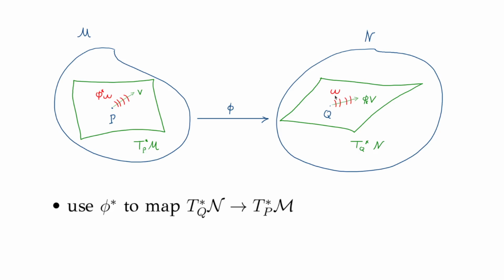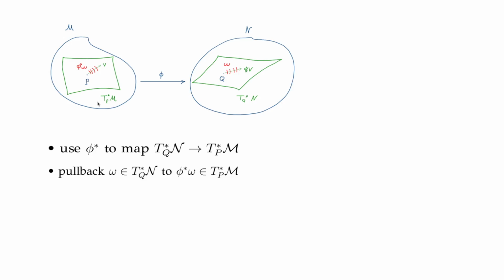Omega is an arbitrary one-form at the point Q, and we will see how to map these onto a unique one-form phi star omega at the point P. We will call this phi star omega the pullback of the one-form omega.